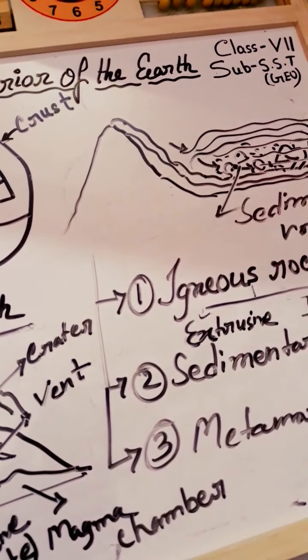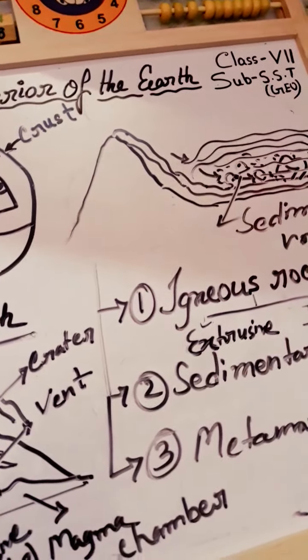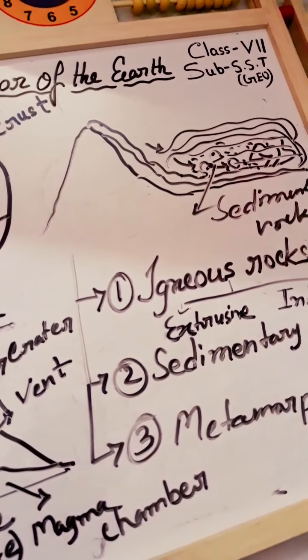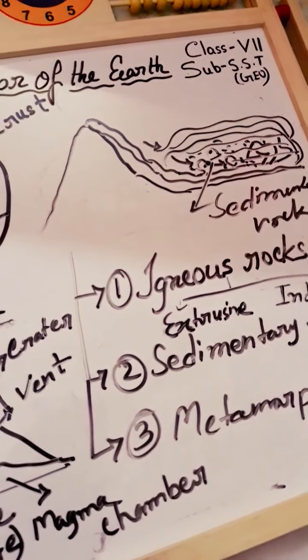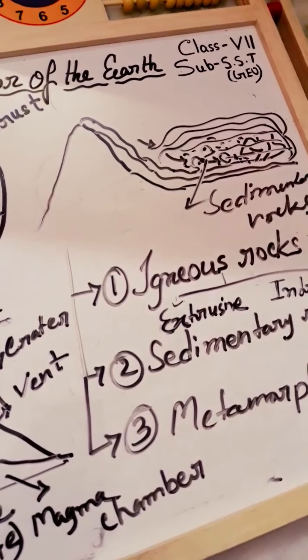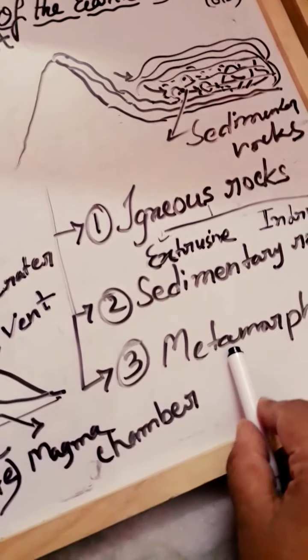And metamorphic rocks may be further metamorphosed. Metamorphosed means they can change their characteristics if they are exposed to high heat and pressure for even longer periods of time. Then it will be turned into the metamorphic rocks.